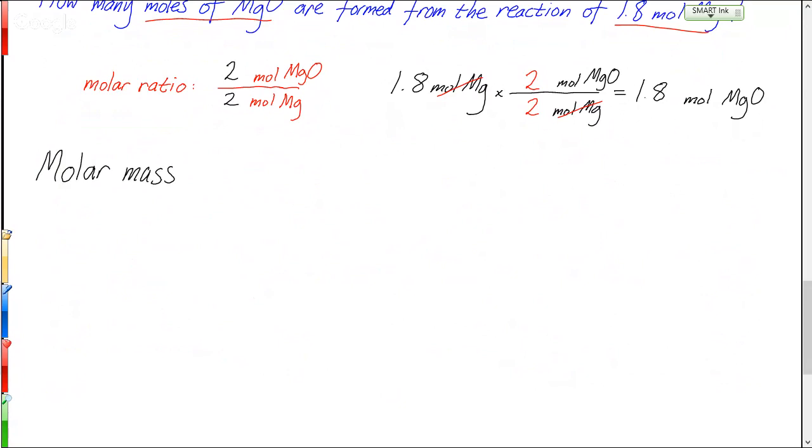So molar mass is just that number that we looked up on the table for magnesium earlier, that 24.3. How many grams are in a mole? So it's always going to be grams per 1 mole. But in a compound, there's not just one thing. So let's say we have sodium carbonate, Na2CO3.